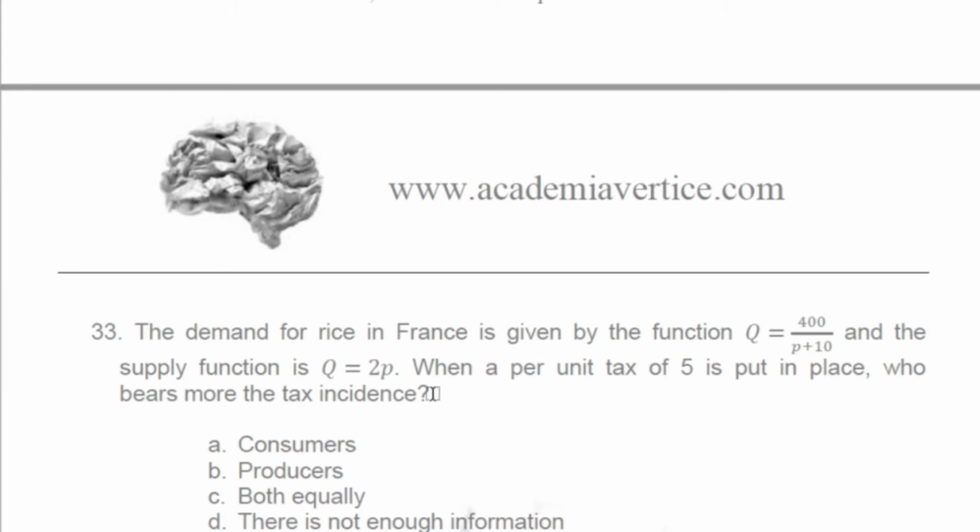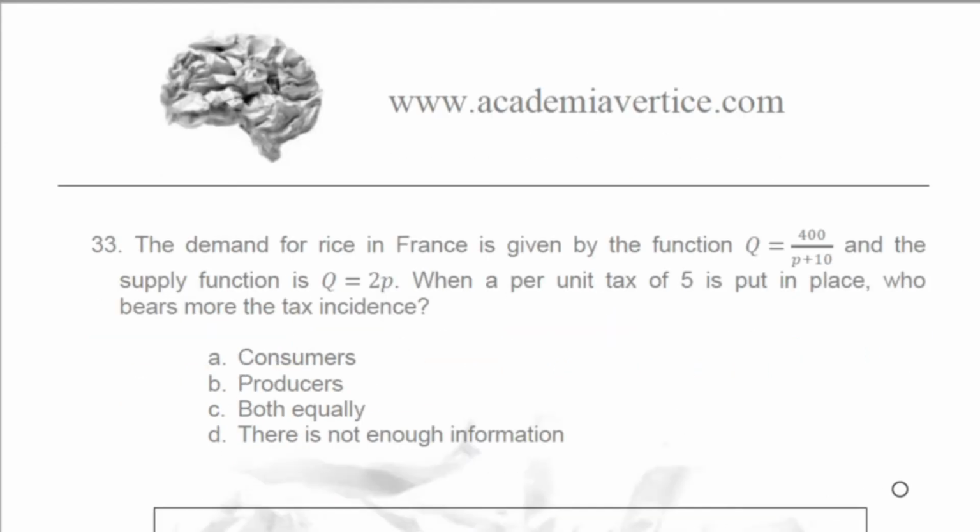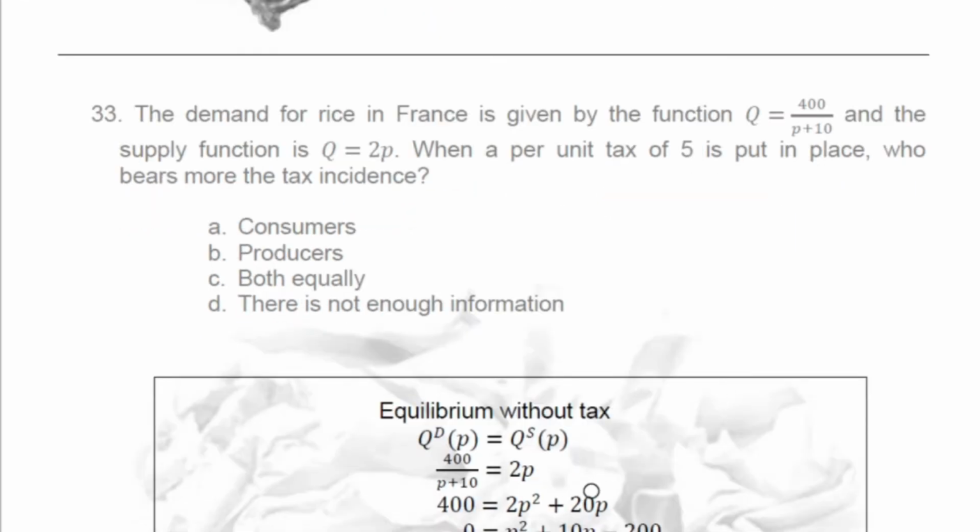So let's calculate the equilibrium. Let's equalize the demand to supply, let's find P, and let's find also Q, and we will calculate the elasticity there. I know that we didn't practice this in class, but I think it's not complicated if you know the concept, and we will show here. Okay, now without tax, quantity demanded equals quantity supplied: 400 equals 2p times (p plus 10), so we have 2p squared plus 20p.